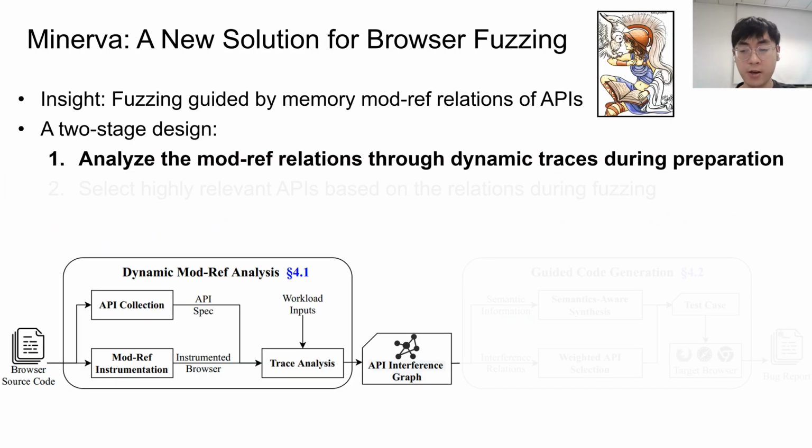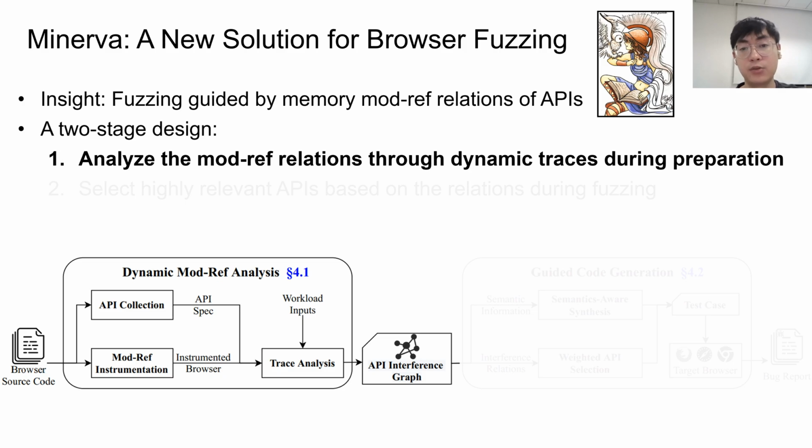So, motivated by the example, in the paper we propose Minerva, a new browser fuzzer, trying to see through mod-ref relations between APIs and use the relations to guide its input generation. It consists of a two-stage design.